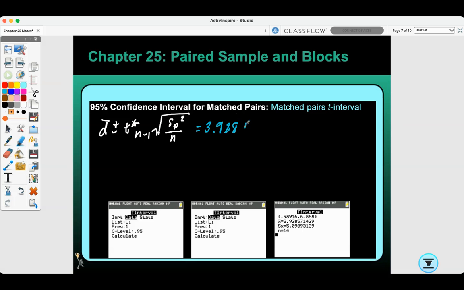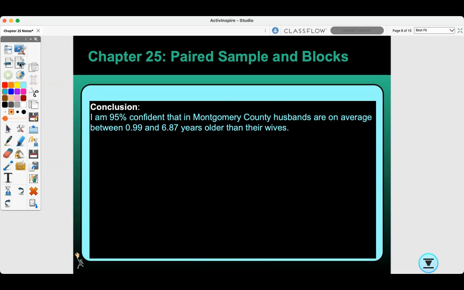So this would be plus or minus 2.16 times the square root of, my standard deviation is 5.091 squared, all over 14. So my interval, which they list right here, is 0.98916 to 6.868. Next, you need to come up with a conclusion from it. You would say, I am 95% confident that in Montgomery County, husbands are on average between 0.99 and 6.87 years older than their wives.